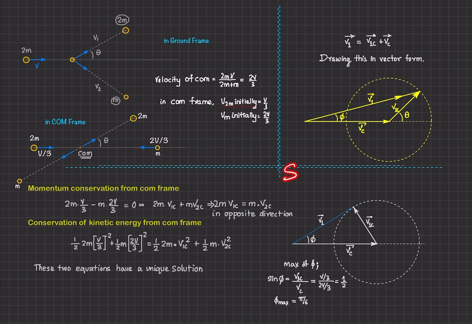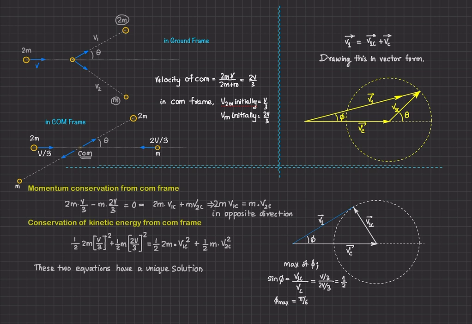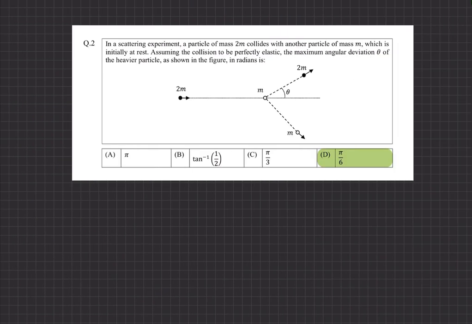So we can generalize this solution: sin phi, which is the maximum deviation case, will be the smaller mass by the larger mass. Here the smaller mass is m and the larger mass is 2m. The ratio is 1 by 2. The sin phi becomes 1 by 2. So here the answer is pi by 6, which is 30 degrees.